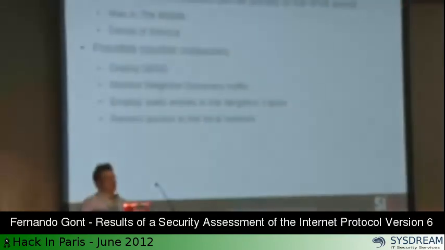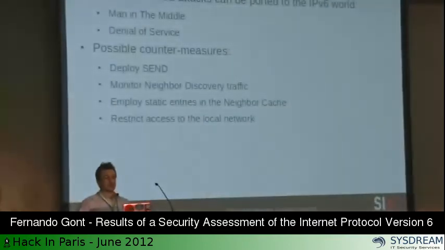So what are the possible vulnerabilities and the corresponding countermeasures for them? Well, it's essentially the same as in the IPv4 case. You could spoof neighbor solicitations and neighbor advertisements, so you can essentially perform man-in-the-middle or denial of service attacks. And there are a number of possible countermeasures that you can deploy in the case of V6.